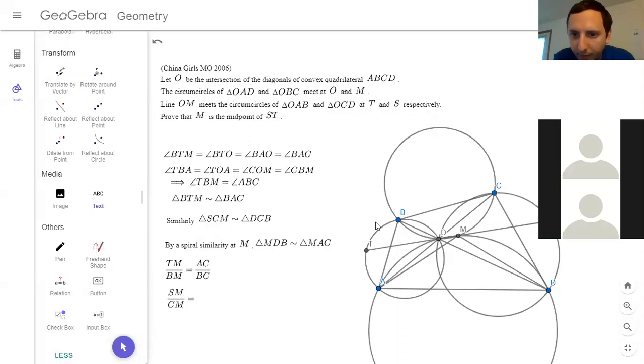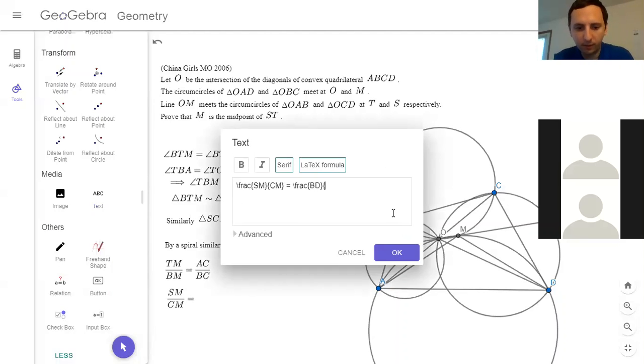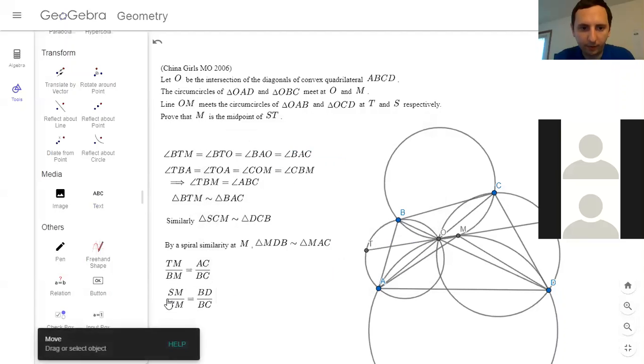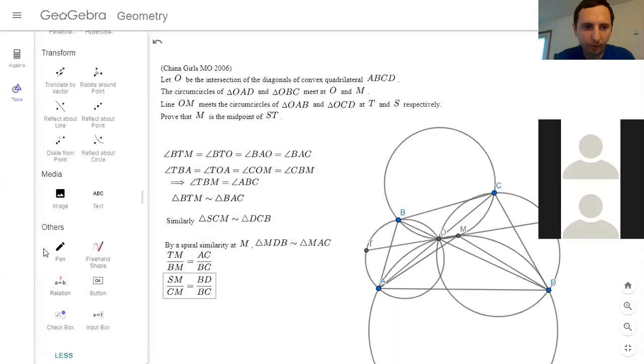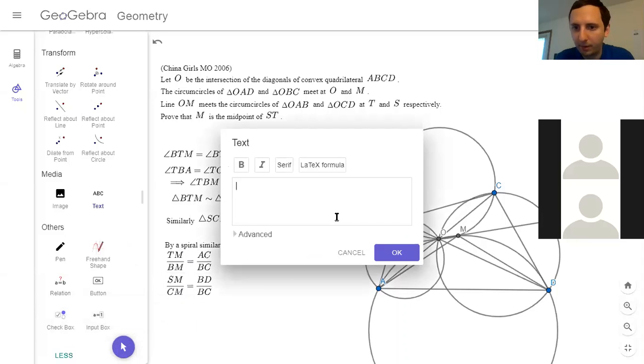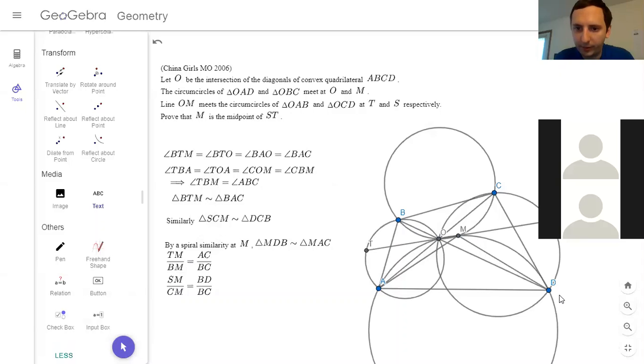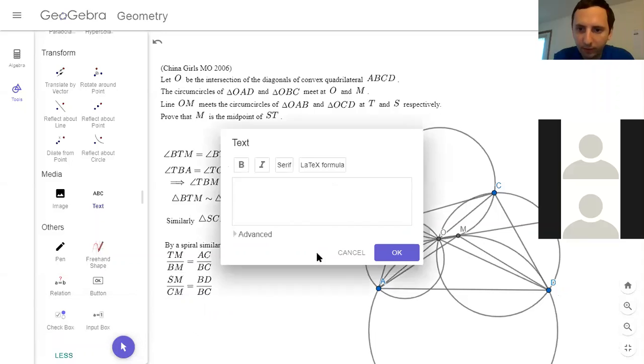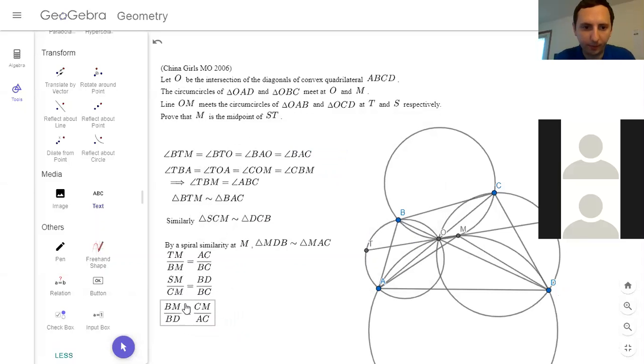SM over CM is BD over BC. And then we also have, by the third spiral similarity, BM over DM, or BM over BD is CM over AC. So combining them, TM is equal to SM.